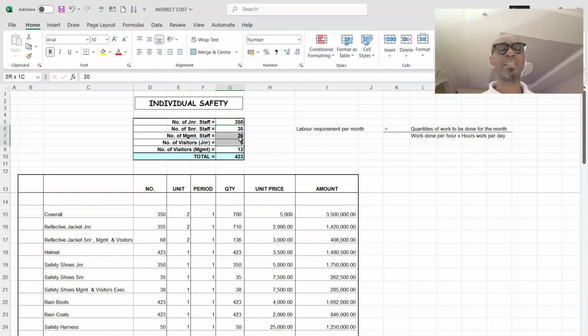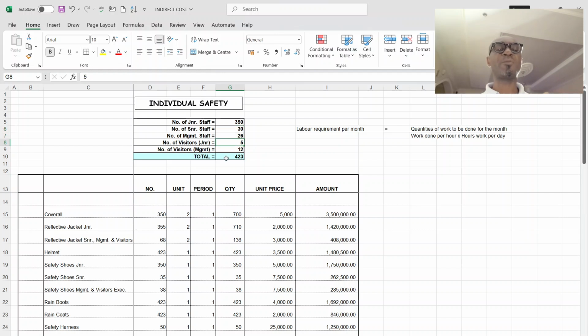Then, as I said, from our organogram that we use to price the indirect cost, we have about 56 workers for the indirect staff, including the management staff, the engineers, and the other junior staff that fall within the indirect staff.